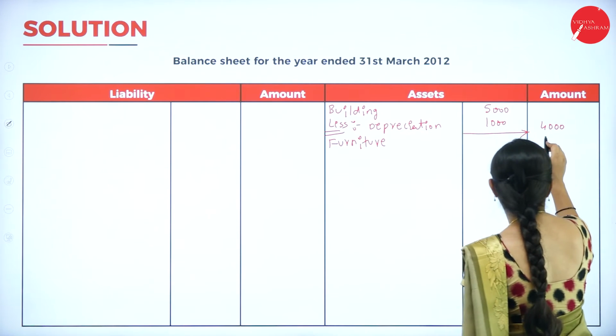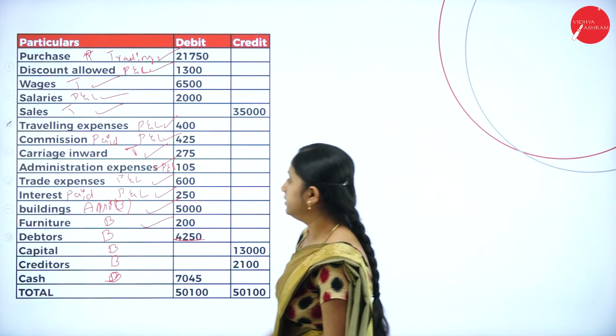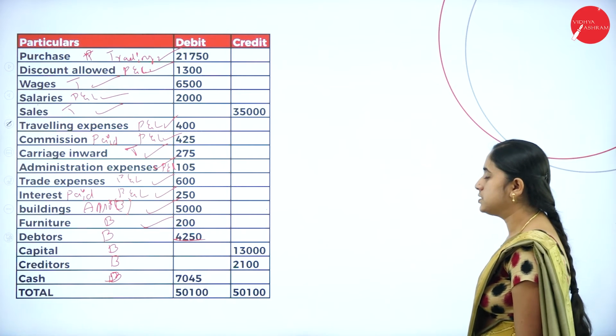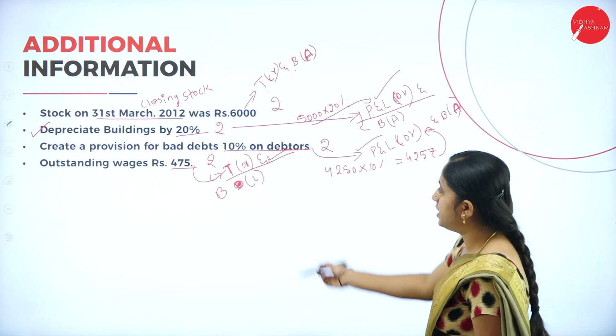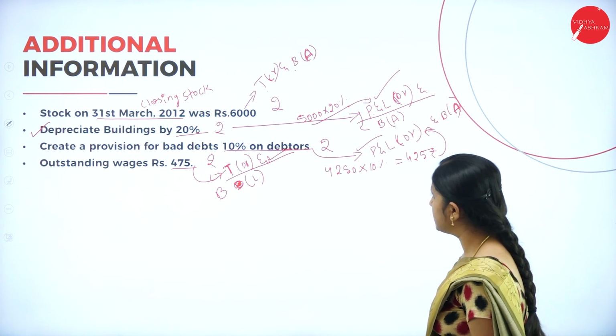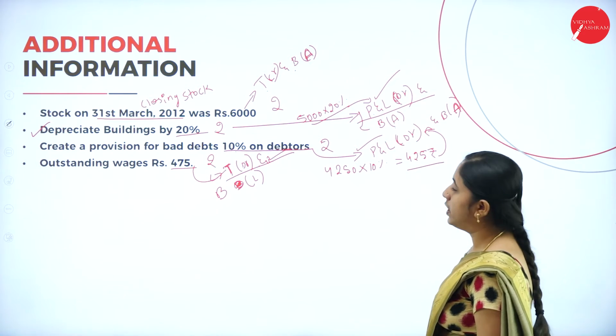Furniture 200. Then debtors. Debtors 4,250, but we have adjustment, that is create provision for bad debts 10%, that is 425.